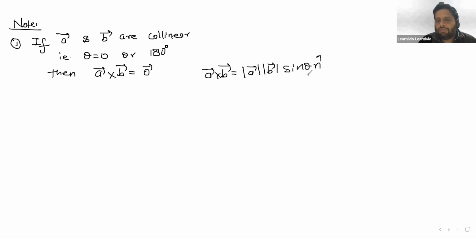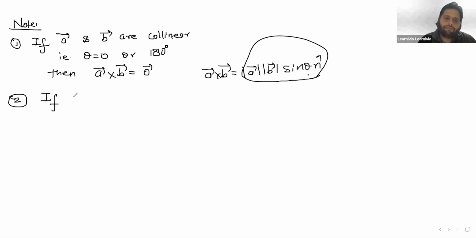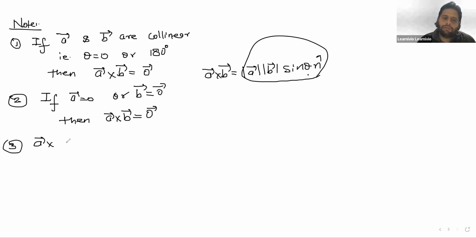If theta is 0 or 180, this will become 0. Second, if vector A is 0 or B is 0, then A cross B will also give us 0. Third, A cross A: the angle between the same vector is 0, so this will also give us the 0 vector. Please note down these 3 points. Then I will give you a formula and we will solve some questions.